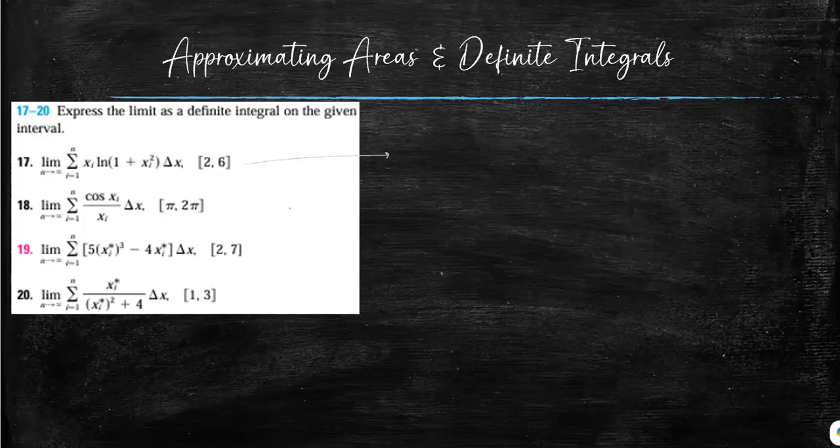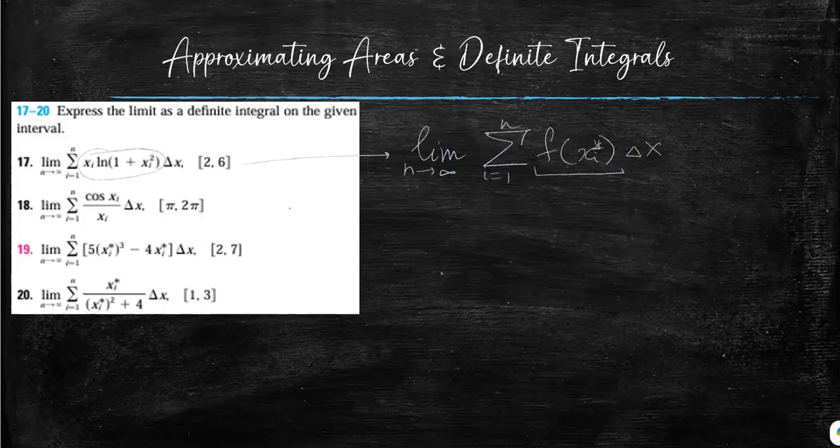So let's do number 17. What do we have? We need to recognize this pattern. We have a limit of a sum of a function times delta x, right? So whatever is in between the sigma and the delta x will become the function. i goes from 1 to n, and n goes to infinity. So this is our function right here.